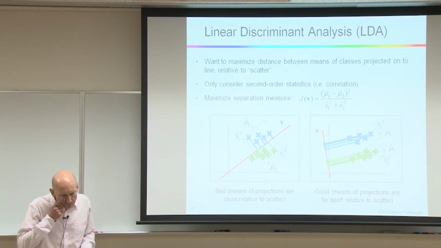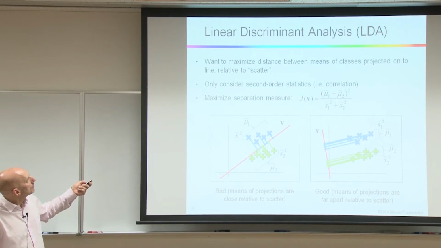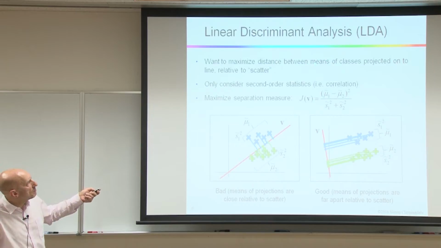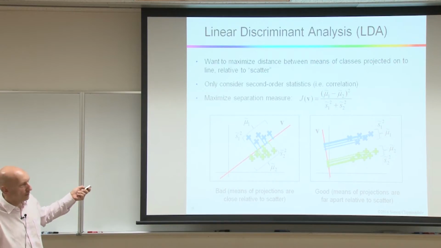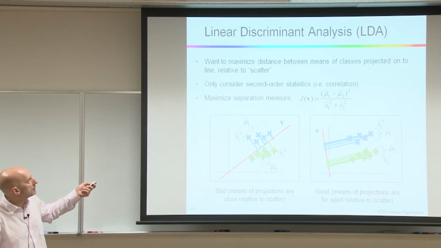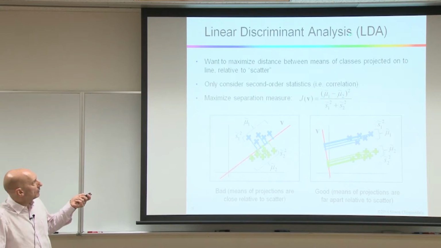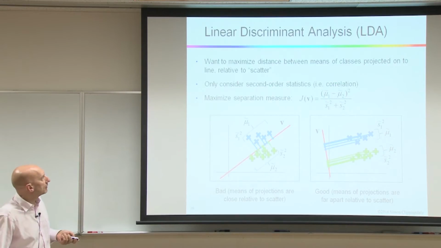So just to make it a bit more formal, you want to maximize the distance between the means of the classes projected onto your line or plane or whatever it might be, relative to the scatter. And LDA uses only second order statistics, that's correlation basically, to do this.